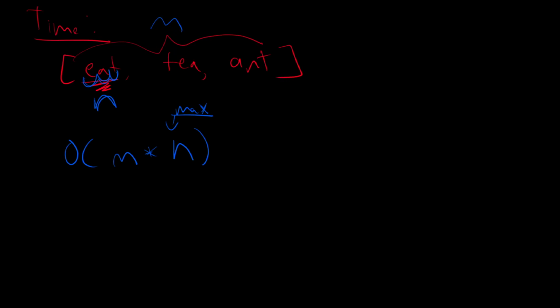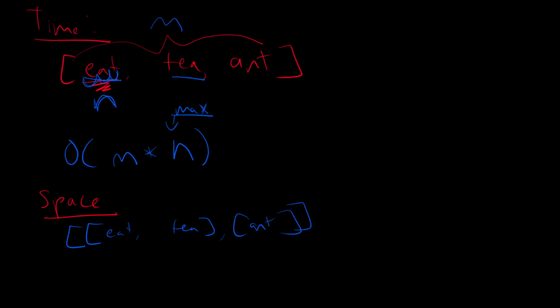Now, what is the space complexity going to look like? Not only are we creating this new array that we're going to be outputting that contains all the elements inside, just assorted a little bit differently. So we'd have eat, tea, and ant is what we're going to be outputting at the end of it. So this is also going to be an array of probably size around m.